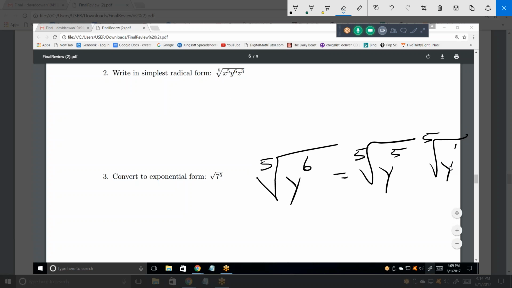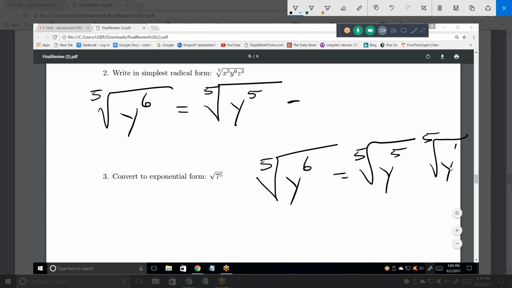I want to make sure you understand this, so let me take a completely separate problem. Here, I'm going to write a whole new problem. Do you see why I can write that as this? Yeah, you can always separate stuff.